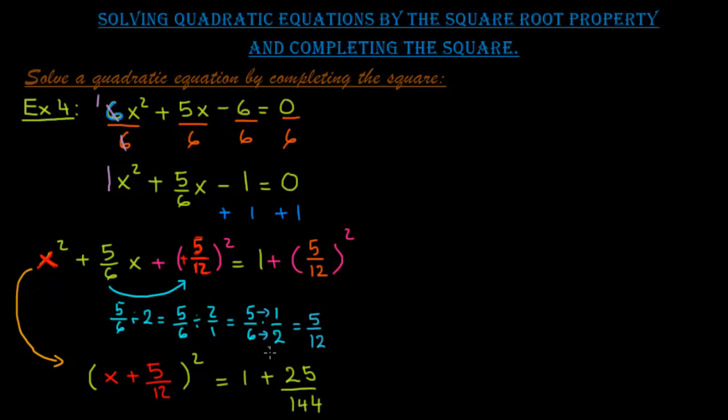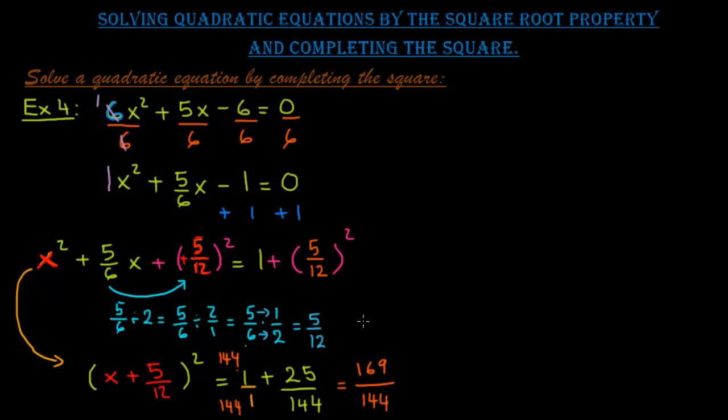Okay. So to add 1 to 25 over 144, we need the least common denominator. We think of it as 1 over 1, so multiply top and bottom by 144. So basically we have 144 plus 25 over 144, which gives me 169 over 144.